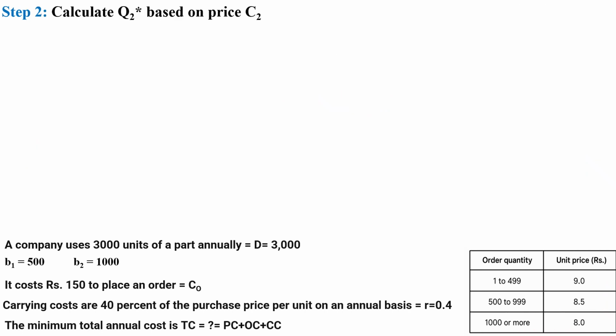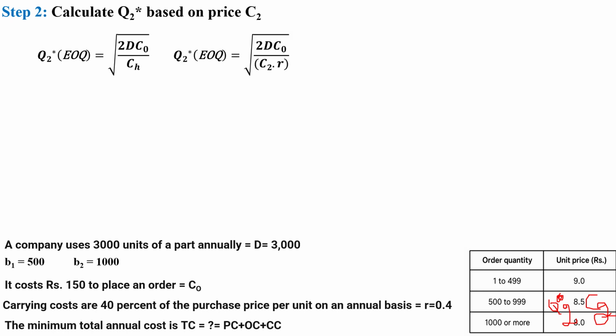Step 2 is to calculate Q2 star based on the price C2. So here the C2 value is 8.5. With respect to this cost, we have to determine the EOQ value, that is, Q2 star. Then Q2 star equals the root of 2D C0 by CH, which we can rewrite as root of 2D C0 by C2 into R. So the C2 value is 8.5, R equals 0.4, D is 3000, C0 equals 150.